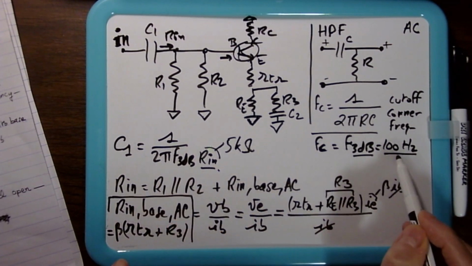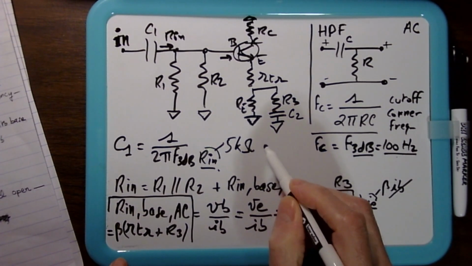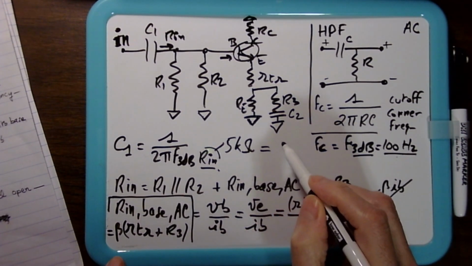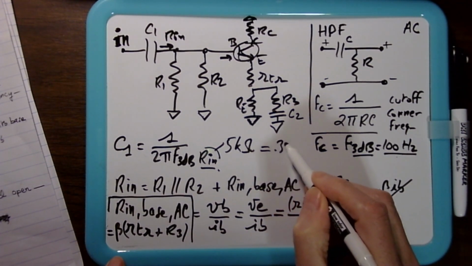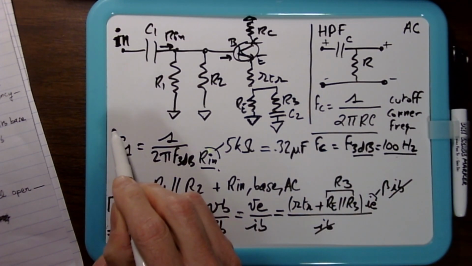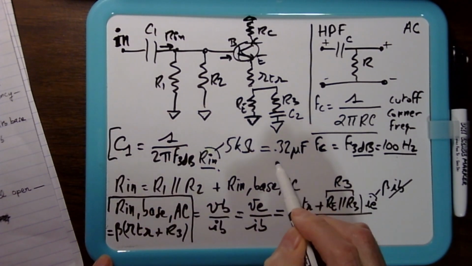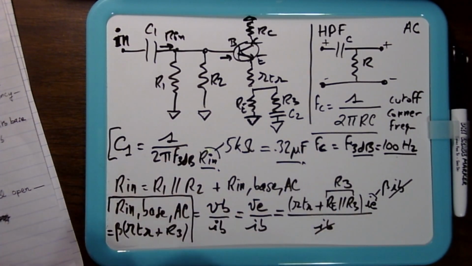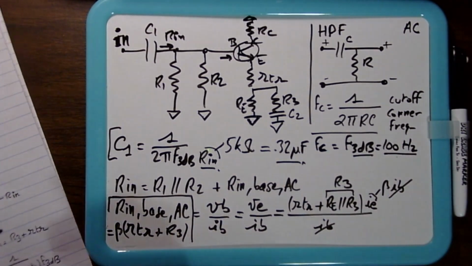F3 dB is 100 Hertz, it gives you a C1 equal 0.32 microfarad. Okay, so C1 is equal to this. Okay, so we are done with C1.